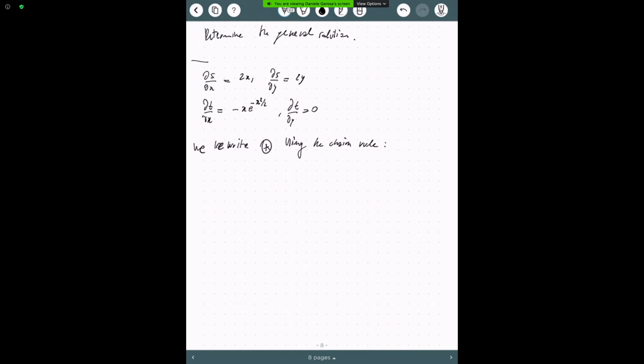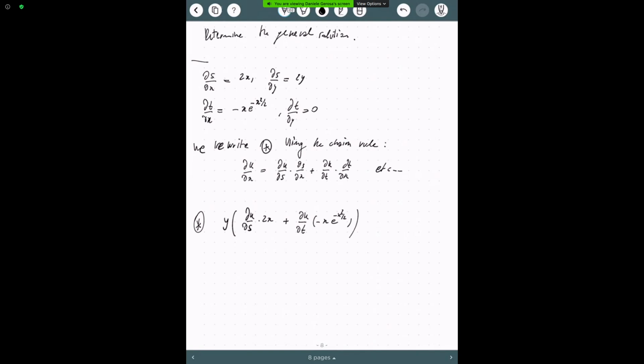So in particular, we will have du dx, which is one of the two derivatives involved. This will be du ds times ds dx plus du dt times dt dx, etc. Right? So I go directly to write star in the new form, and this is equal to y times du ds, and then I have to write ds dx, which is something that I computed already, which is 2x, plus du dt times minus x e to the this.